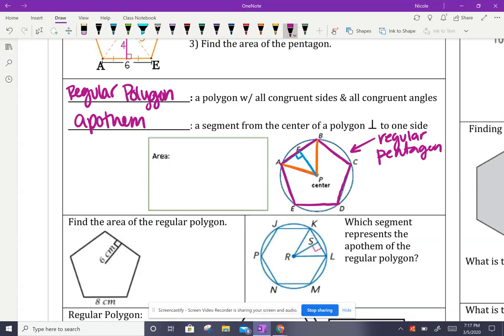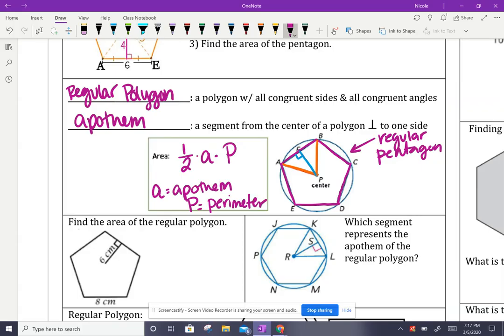For the formula, we're going to take 1/2 the length of the apothem, A, times the perimeter of our shape. So little a equals apothem, and the capital P stands for perimeter.